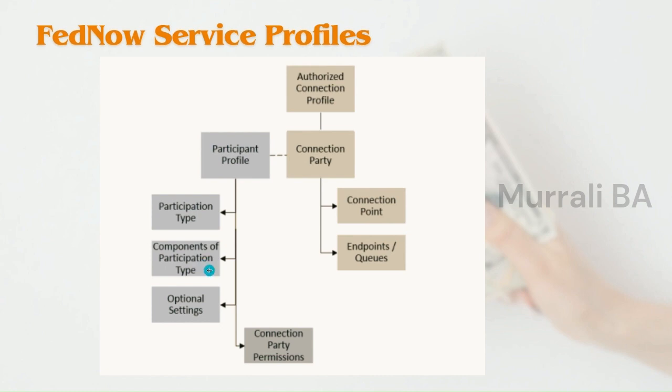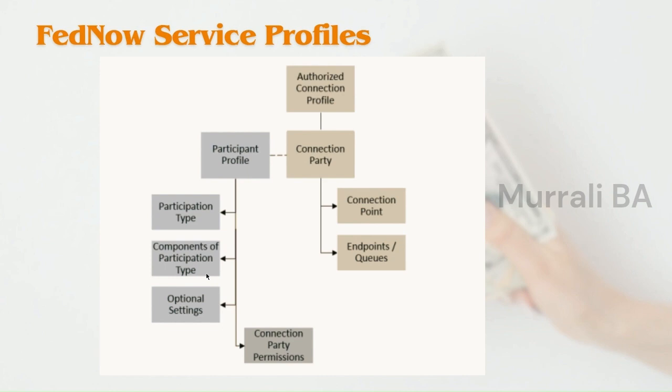Maybe currently you have a limit of $100,000 per FedNow transaction. Maybe you want to extend it to $200,000, or maybe you want to reduce it to $50,000. So all those things you can do using the components of FedNow.